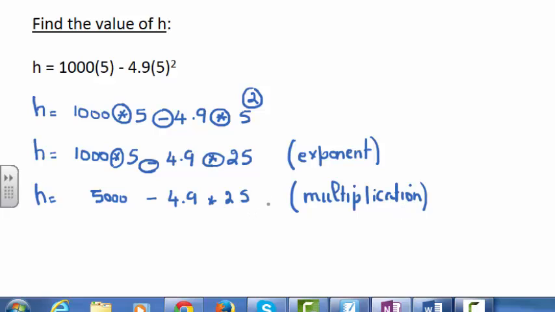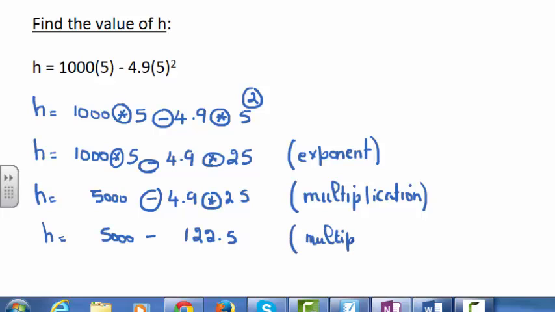Now, I have subtraction and multiplication. Again, the multiplication is stronger. That's why I'm going to continue 5000. I'm going to leave the subtraction as it is. I'm going to multiply 4.9 by 25, which is 122.5. Again, in this step, I used the multiplication.